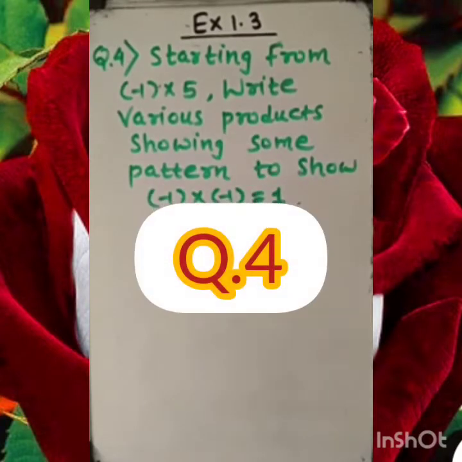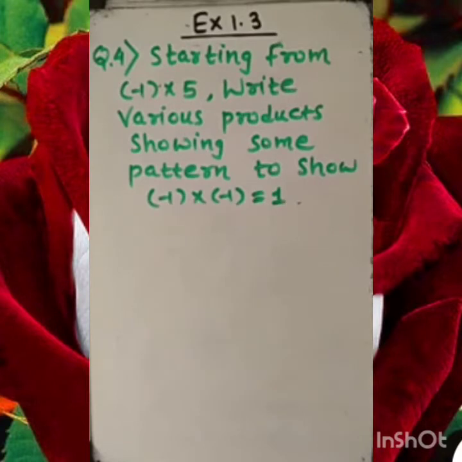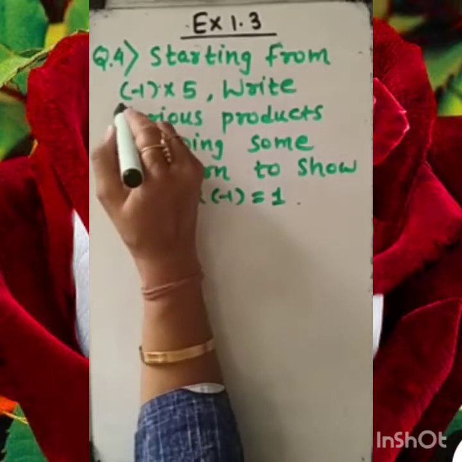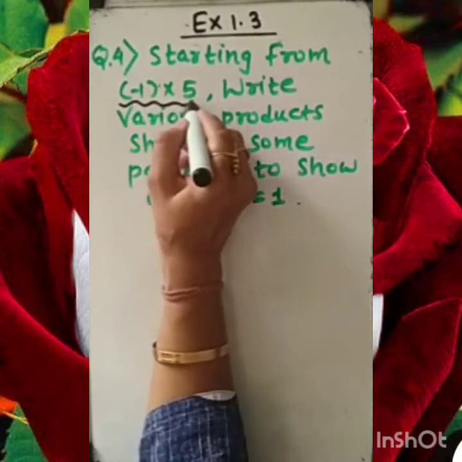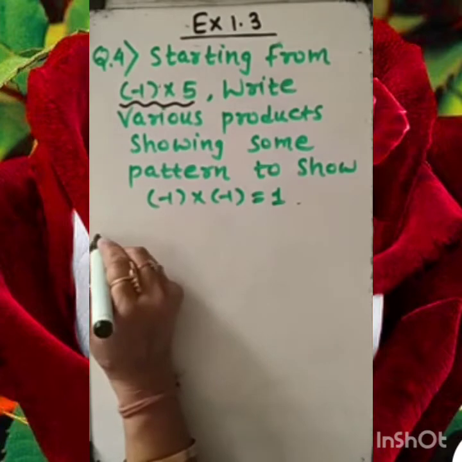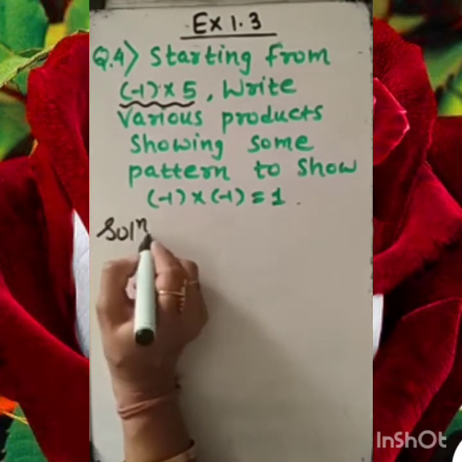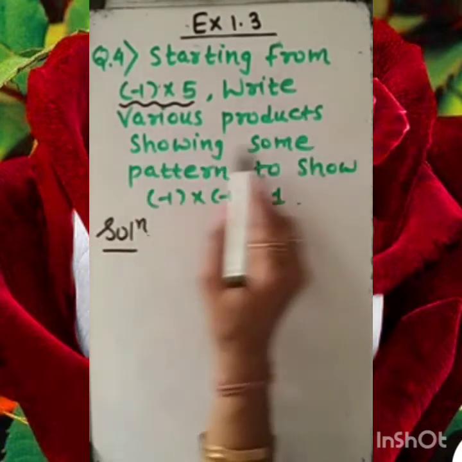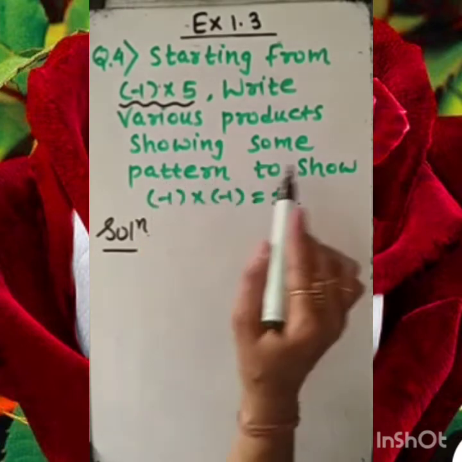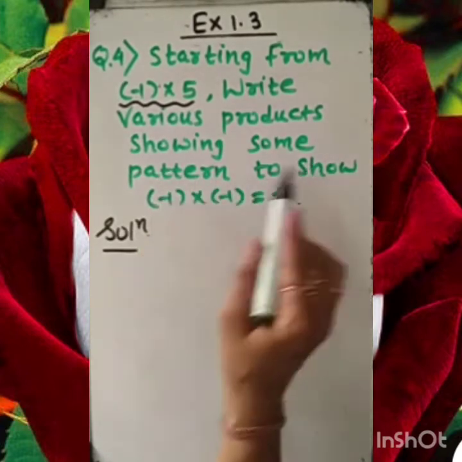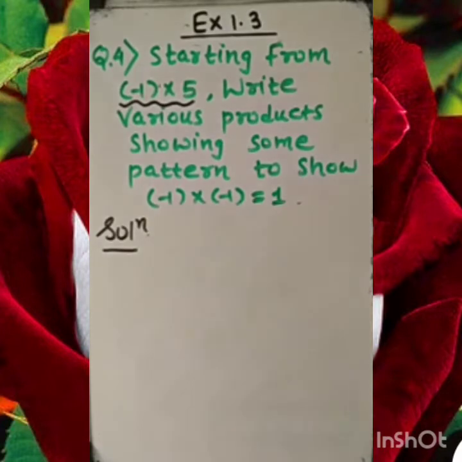Okay, my dear students, in question 4 of exercise 1.3, we are given, starting from minus 1 into 5. We have to start from here. Write various products which show some pattern. Minus 1 into minus 1, that is 1.